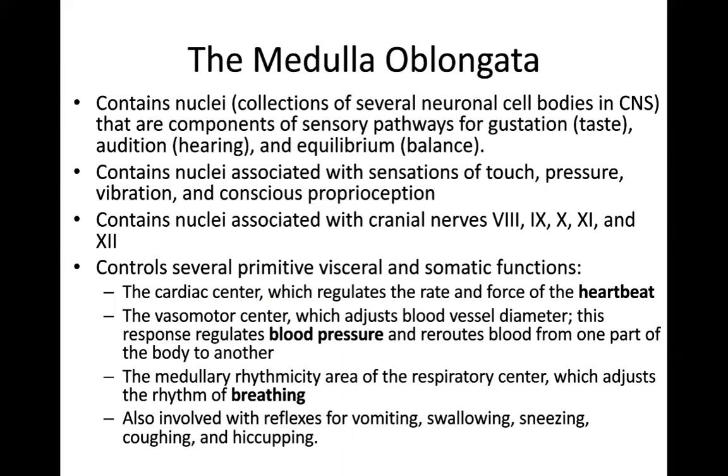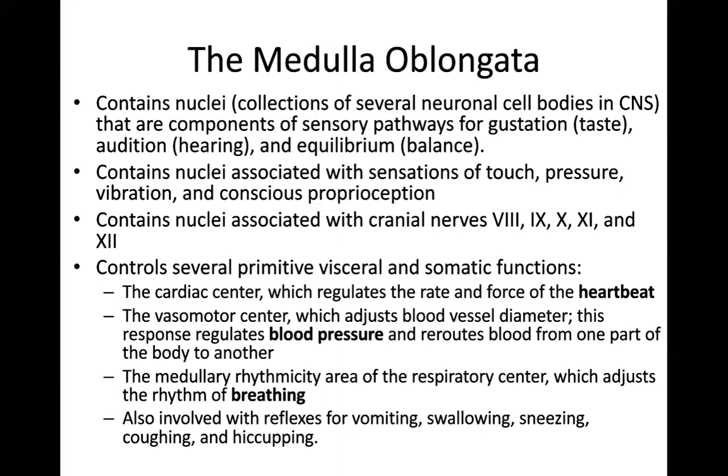You've got bunches of them together, and the parts of those neurons generally match together. So you've got a bundle of neurons, which means that the cell bodies will be together. A collection of several neurons' cell bodies together is called a nucleus. So we'll use the term nuclei when we have a bunch of them, plural.